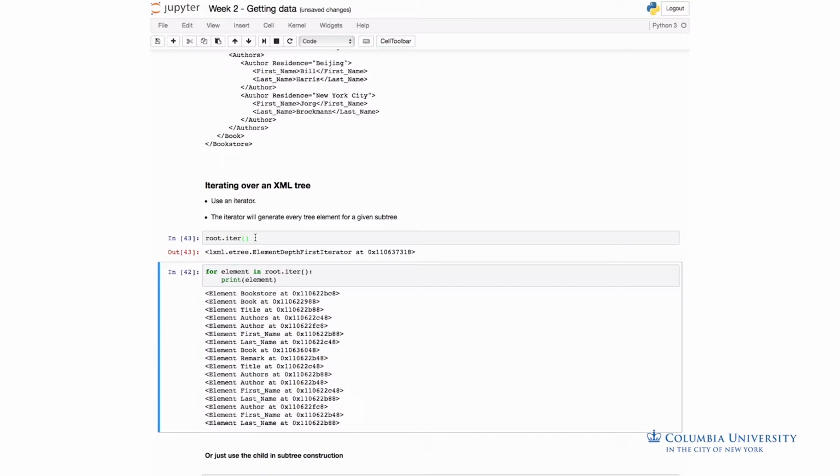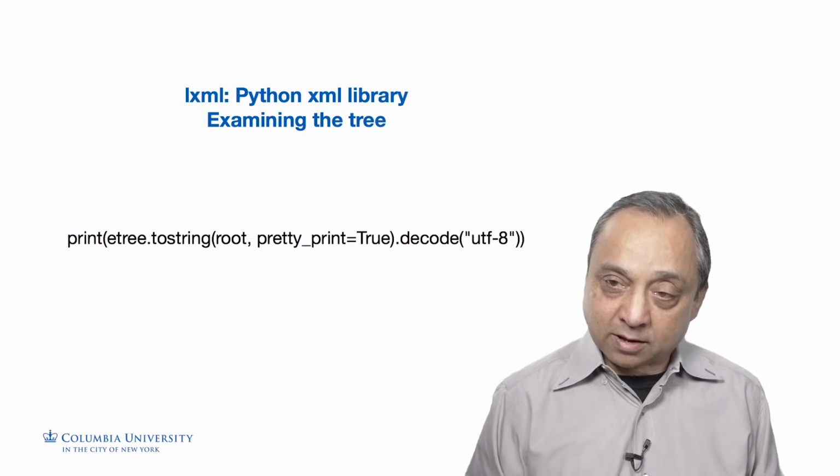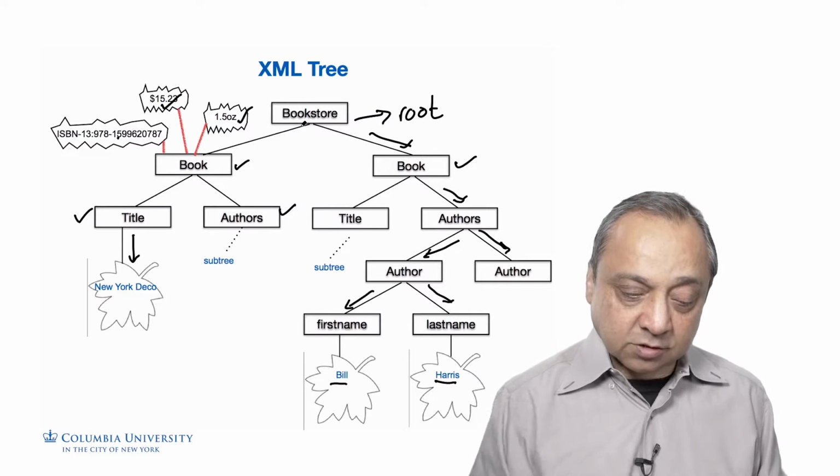It tells me it's an element depth first iterator, which means that in our tree, it's going to go down one complete branch and then come back up one step and do the next thing. So that's what we get here.